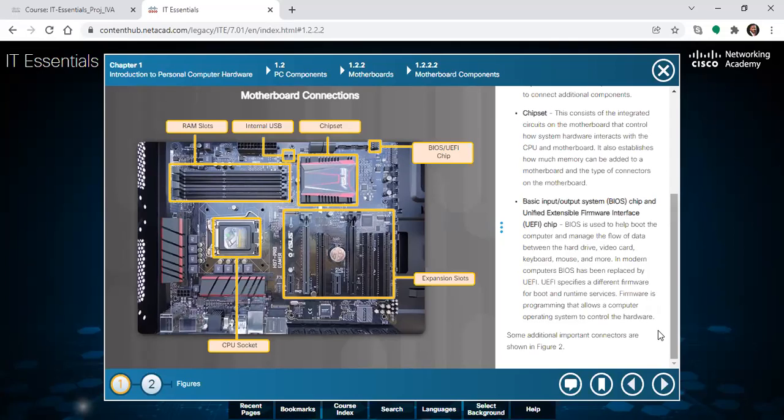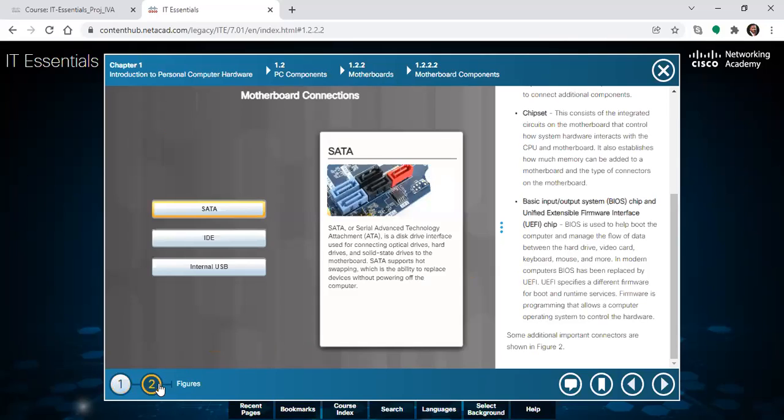So let's go back to the SATA, so I can talk about the SATA again. Now, the SATA, like I mentioned earlier, is Serial Advanced Technology Attachment. It is a disk drive interface. What does that mean?